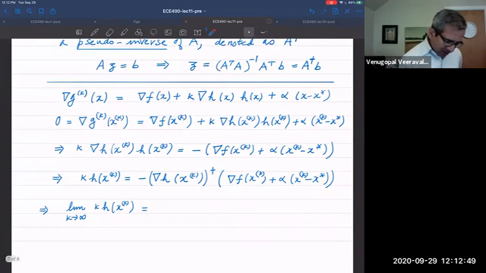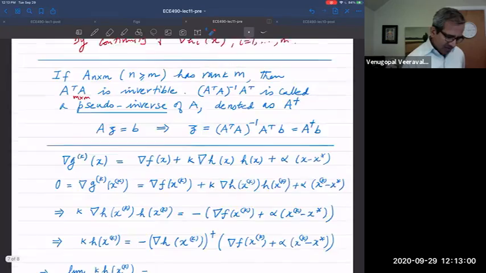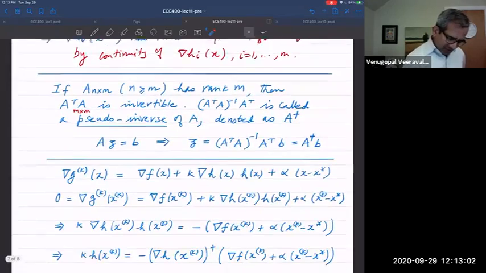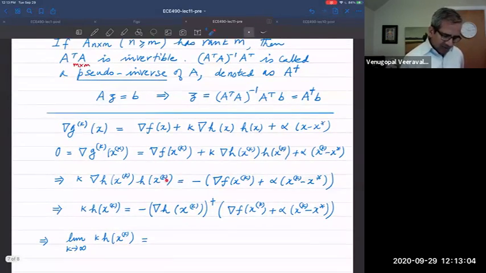Okay, so now I have this matrix, the gradient of this vector function h, which I denoted by this matrix, times the vector h of xk, is equal to this. So this is of the form Az equal to b, where A is this matrix and z is this vector times k, if you want to absorb k into that vector.